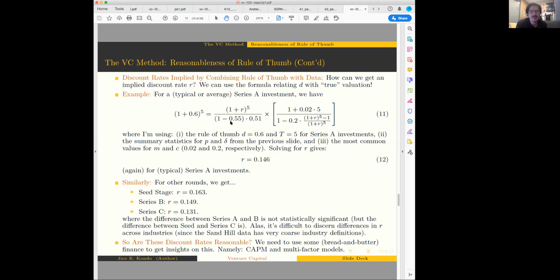So first things first, let me give you guys a punchline here. For the purposes of this class, use the R's that I have here as the discount rate for valuing, from time 0, stuff happening at exit date T. So the discount rate from time 0 to time 6 for a seed stage investment is 16.3% per year for this class.